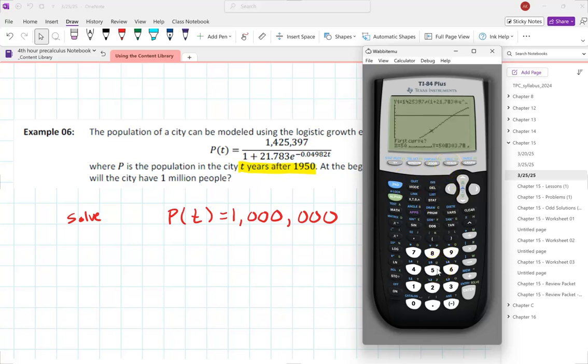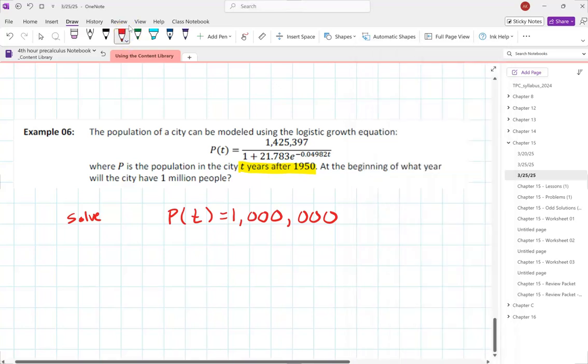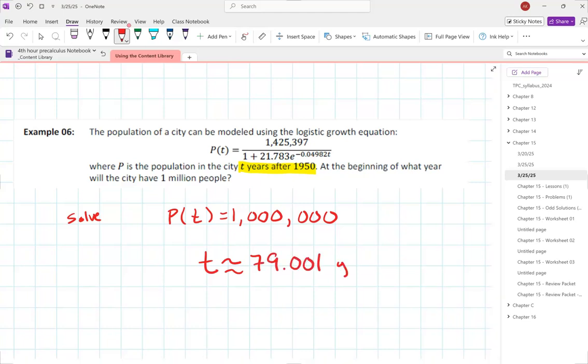Second trace, intersect command, enter, enter, enter. And I get 79.001. And then remember, this is years after 1950. But what is the question actually asking for?